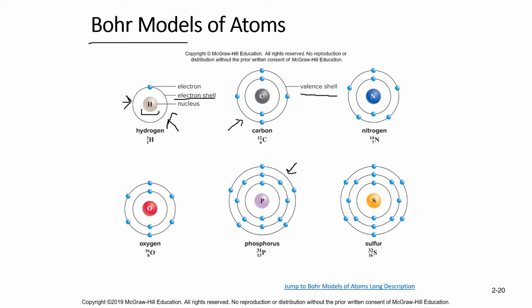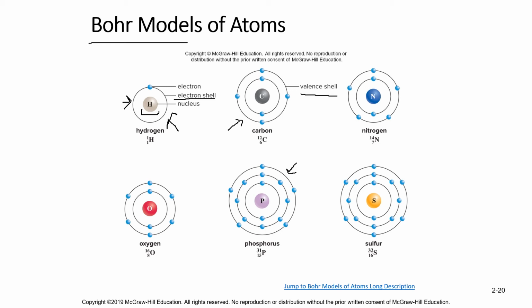Atoms want complete valence shells. If their valence shells are not complete, atoms are not happy, and they will look to complete their shell by interacting with other atoms.